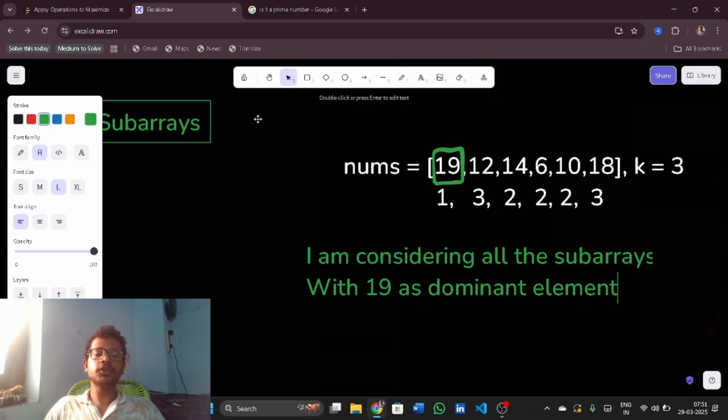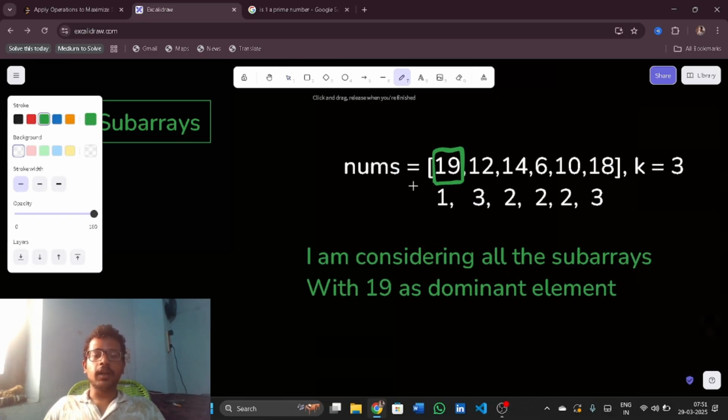That means 19 has a prime factor count of 1 and here it is 3. So I need the subarray where 19 would be the greatest element. 19 should be the dominant element. There should be no element in the considered subarray having a prime factor count greater than 1.